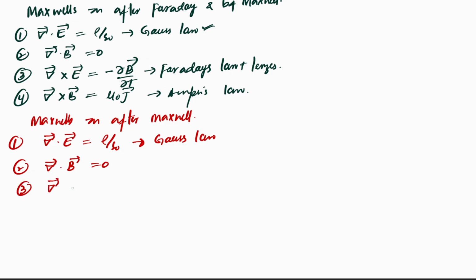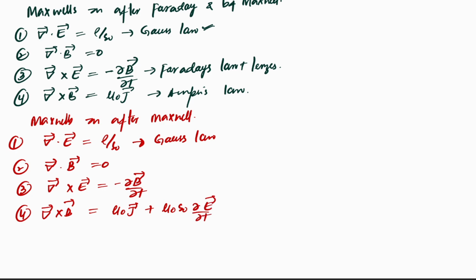Third is del cross E equals minus dou B by dou t, because Faraday was always there. Okay, and the fourth one is del cross B equals mu 0 J plus mu 0 epsilon 0 dou E by dou t. So this part was added by Maxwell. We call this Maxwell's correction to Ampere's law.